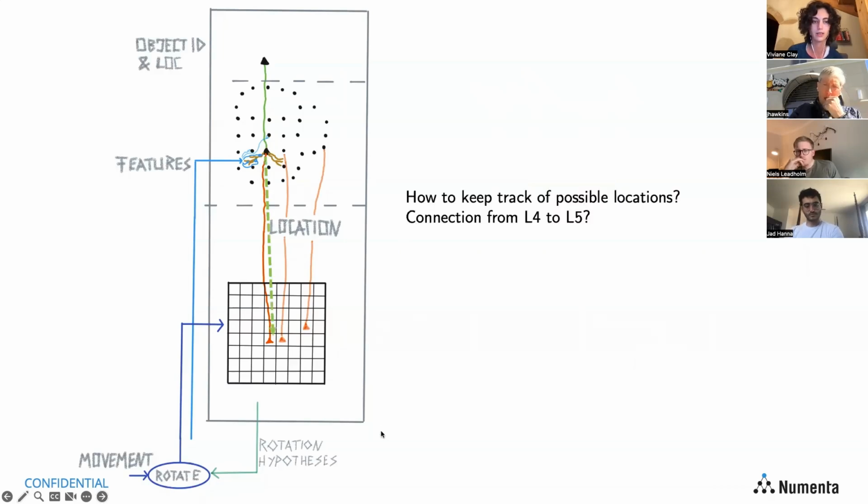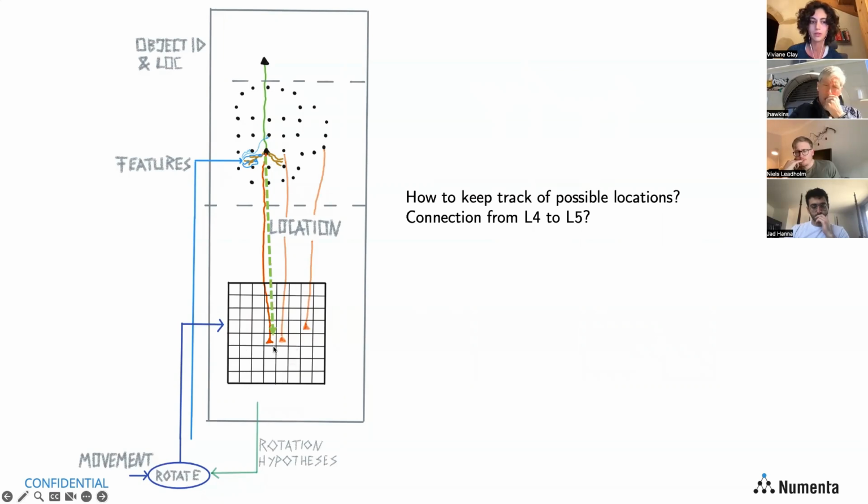And then the second thing is to keep track of what the possible locations are. We would need another connection going from layer 4 down here, because at the beginning we could be anywhere on the object, but then through movement and through getting features and successive movement, we want to eliminate a lot of the locations in this object's reference frame.